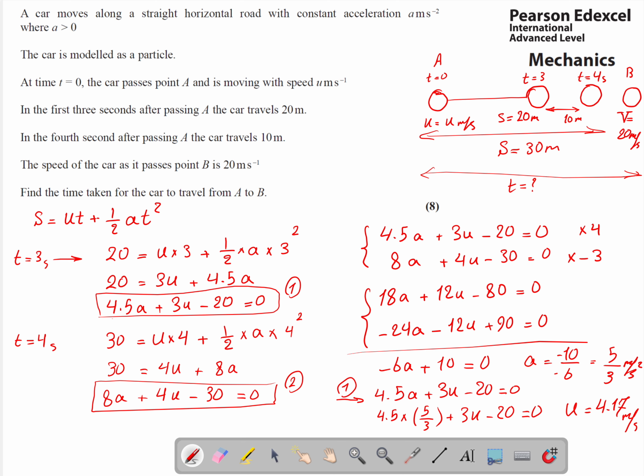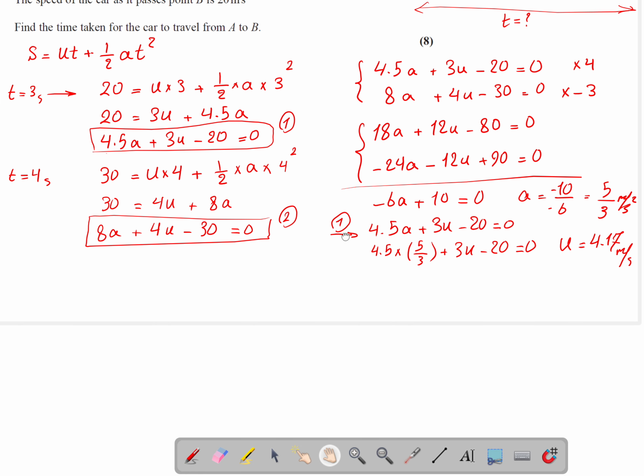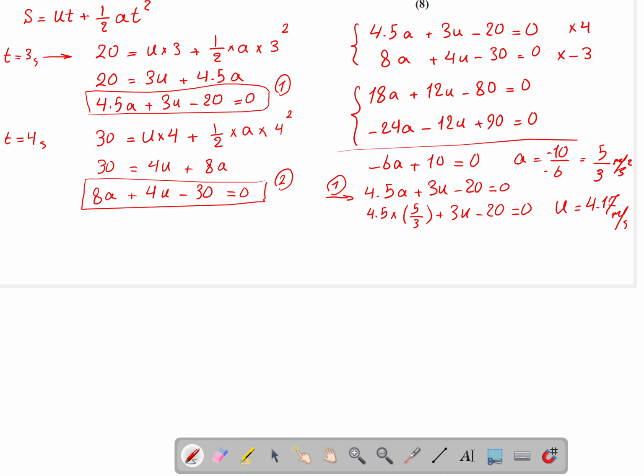Now you have the initial velocity, the acceleration, and the information from the question: the final velocity at B is 20 meters per second. What is the time? We can find time now using the formula of acceleration, or you can use v equals at plus u.